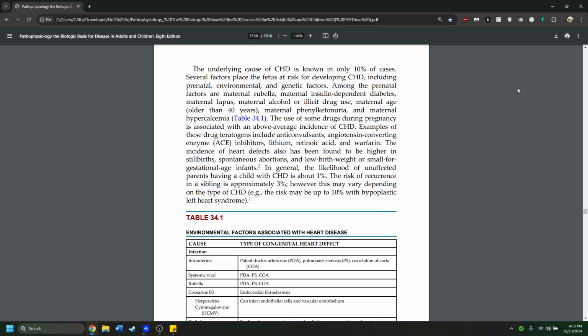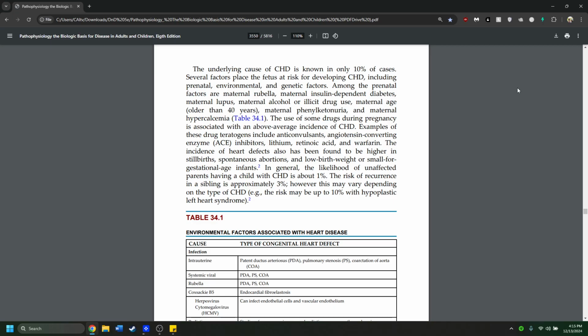The use of some drugs during pregnancy is associated with an above-average incidence of CHD. Examples of these drug teratogens include anticonvulsants, angiotensin-converting enzyme or ACE inhibitors, lithium, retinoic acid, and warfarin.